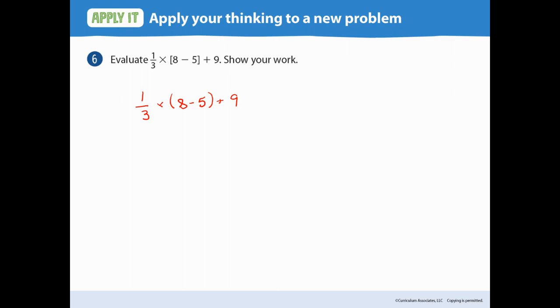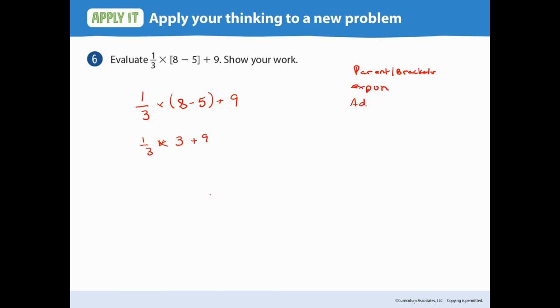All right, so my first one, I have parentheses and brackets first. Right, so that's the first thing I'm going to do. I've got to answer my question in there. So I'm going to rewrite everything else, 1/3 plus, and in there is 8 minus 5, 3, times 3, plus 9. Right, so next I have exponents. Well, we don't have any of those.